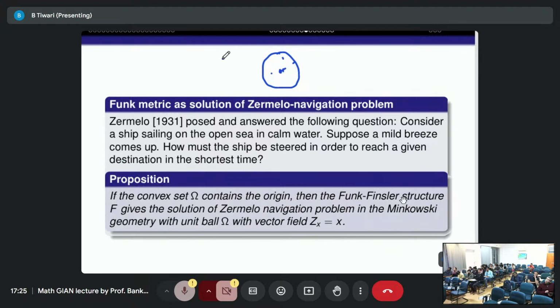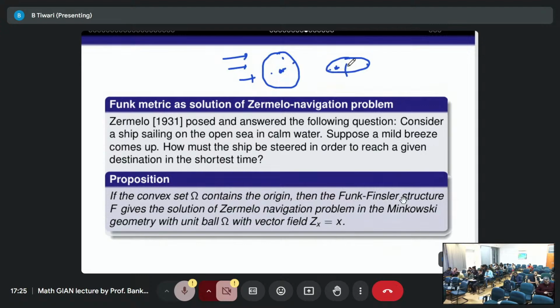But suppose there is a flow of water, and in unit time you have to sail the ship. It will take a path like this. In unit time, in the direction of the water it may go a longer distance, and against the water, a smaller distance, something like this, right? So this is my unit ball for this boat, right?